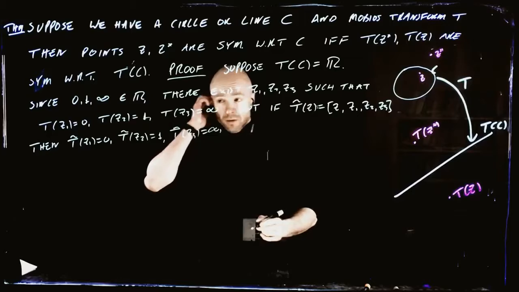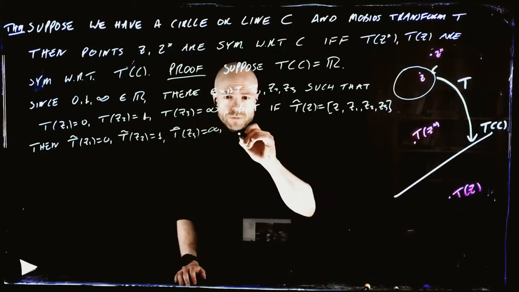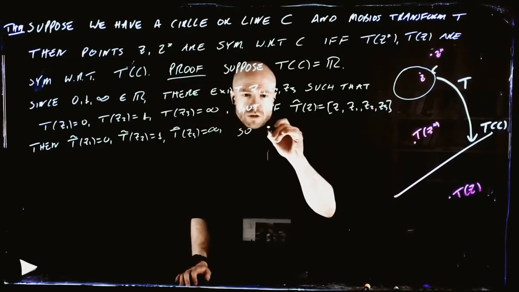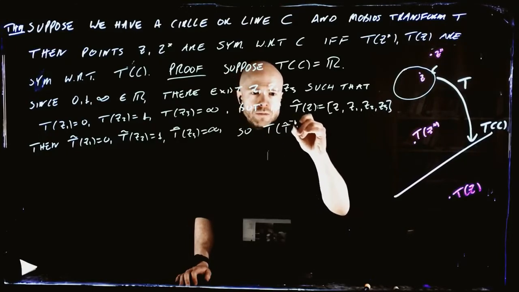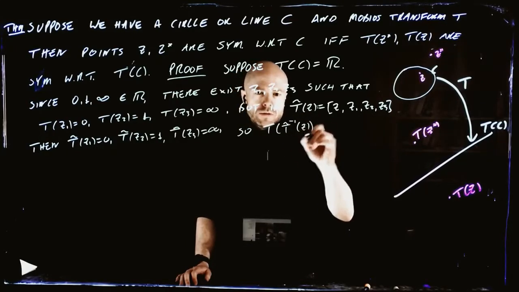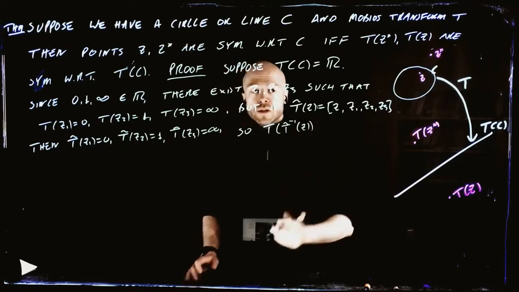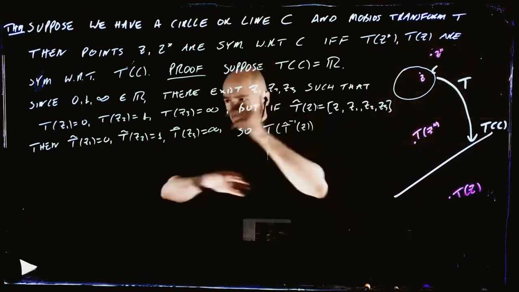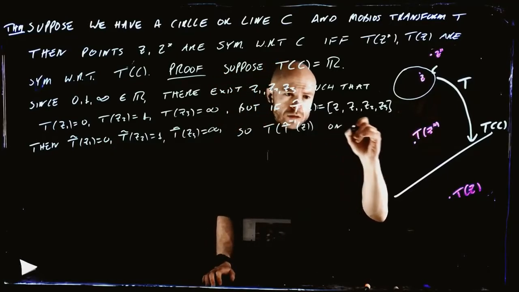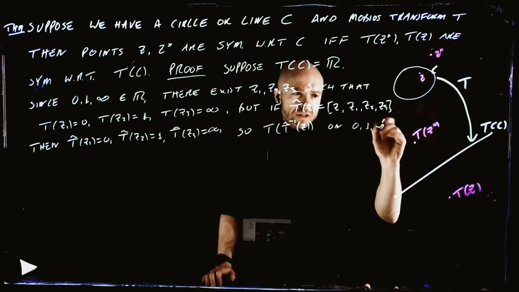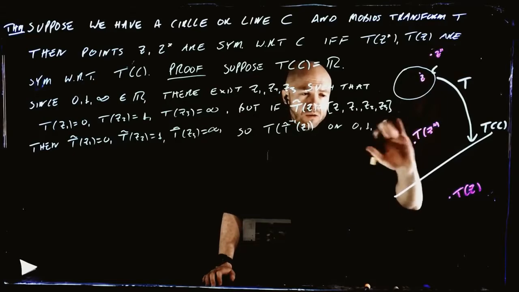So if we consider, for example, the mapping T tilde to the -1 of Z, what does it do? Well, if we act on 0, 1, and infinity, they just send them to 0, 1, and infinity.